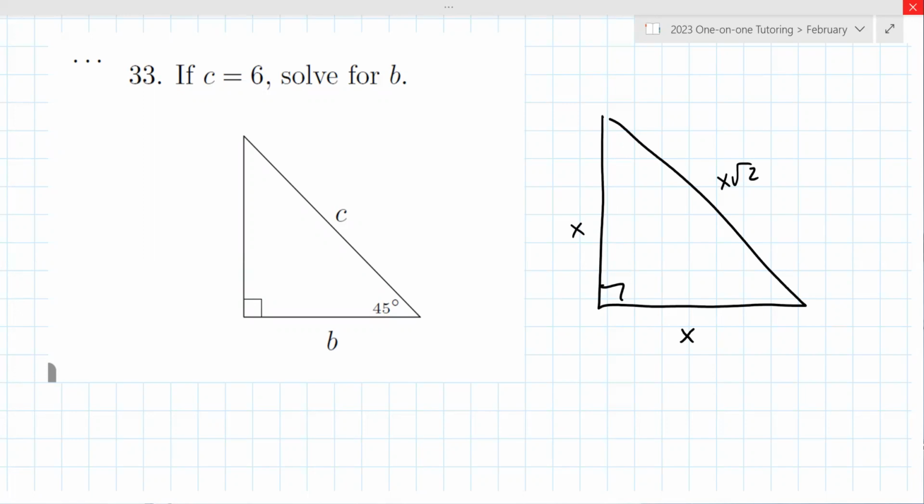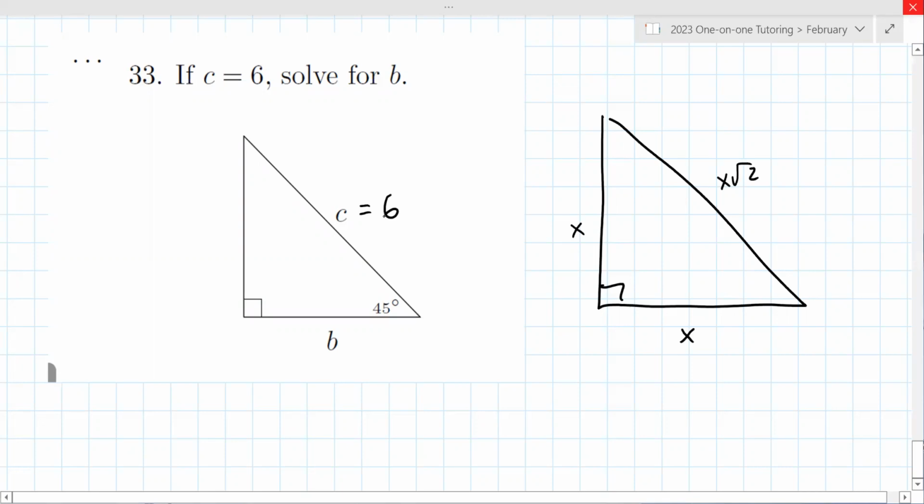Good. So C will just be 6 times the square root of 2. C is 6. Yeah, right. But sorry, x might be something else.